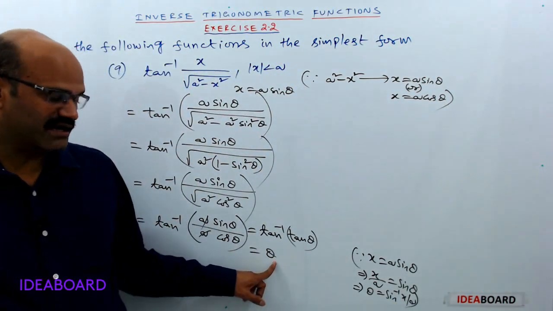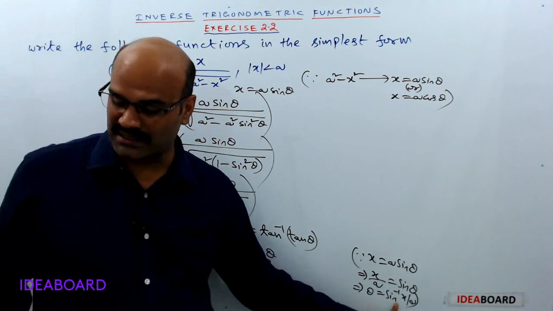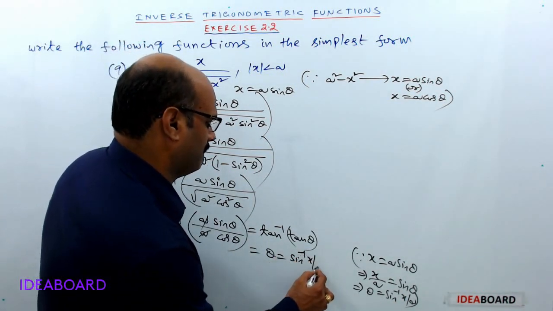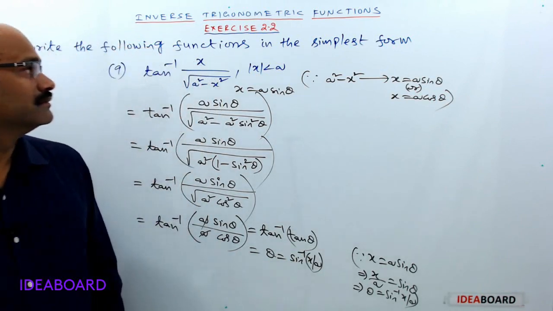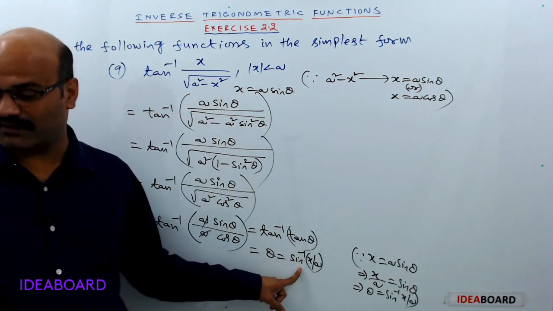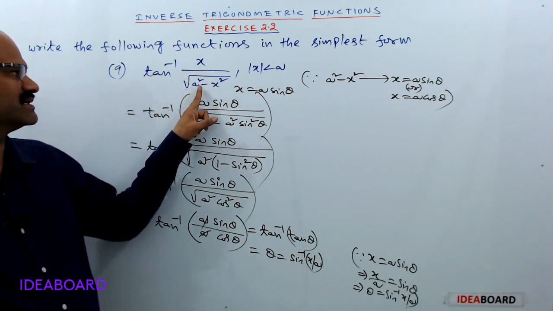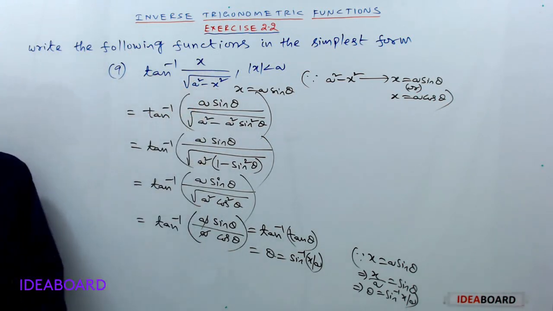So theta can be taken as sin inverse of x by a. This is the simplest form of the given expression tan inverse of x by square root of a square minus x square.